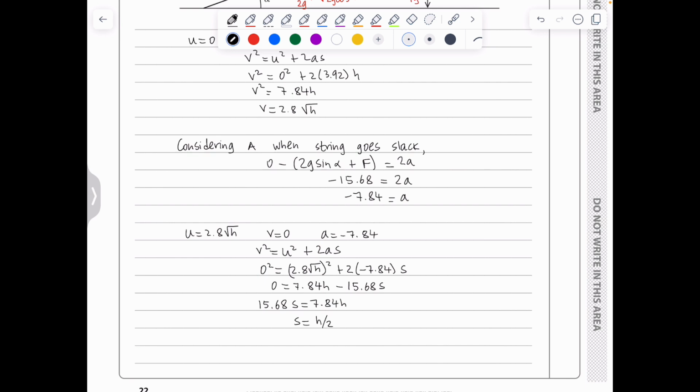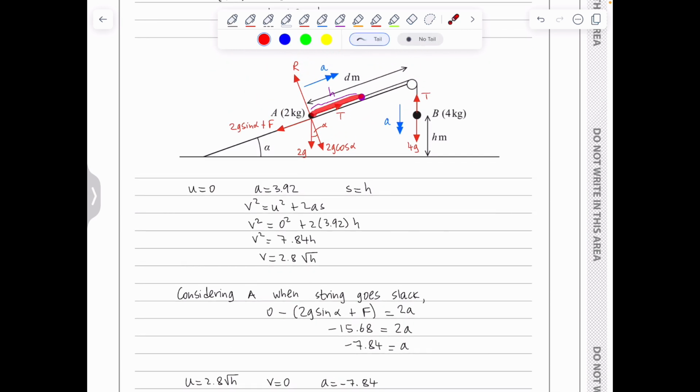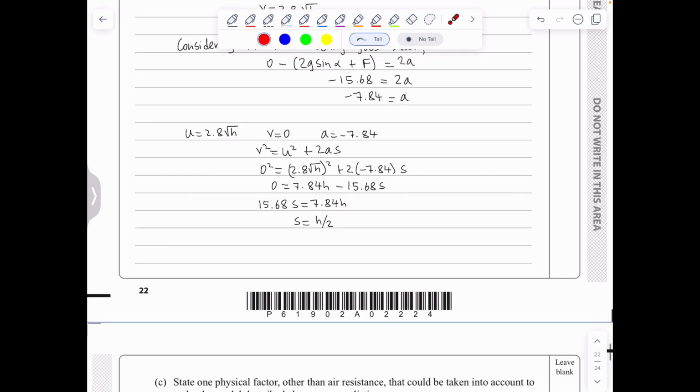This is the distance covered while the string went slack, and we know that the h that was covered while B was descending, together with the extra distance we just found to be h over 2, has to be less than d, because we know for sure that particle A came to rest before reaching the pulley. This simply means that h plus h over 2 must be less than d, so we get that 3h over 2 is less than d.